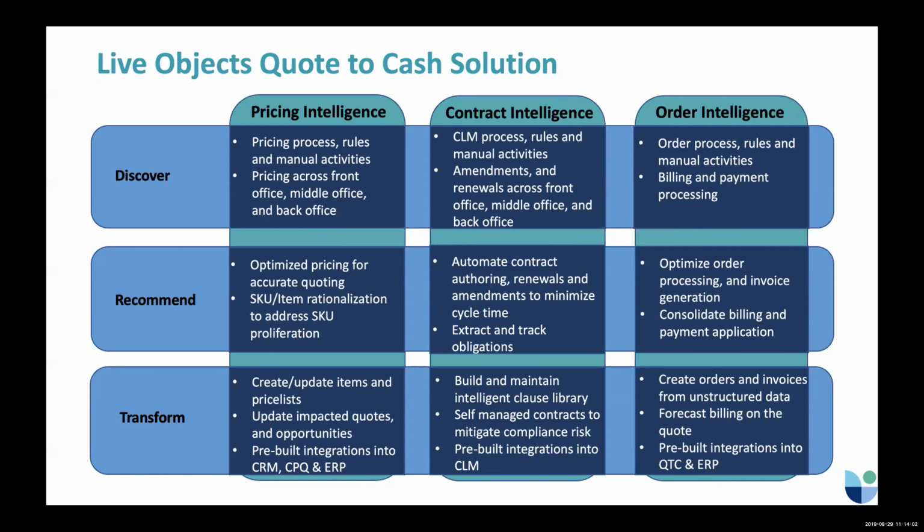And what are my manual activities, like Excel pricing, updating a price list, creating a new price list, or synchronizing pricing between your ERP and QTC systems? And also, how do you price across front office, middle office, and back office?